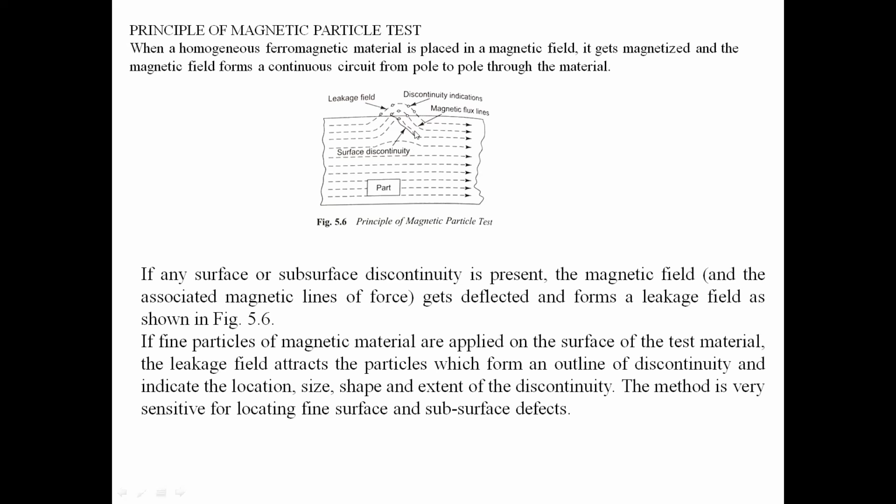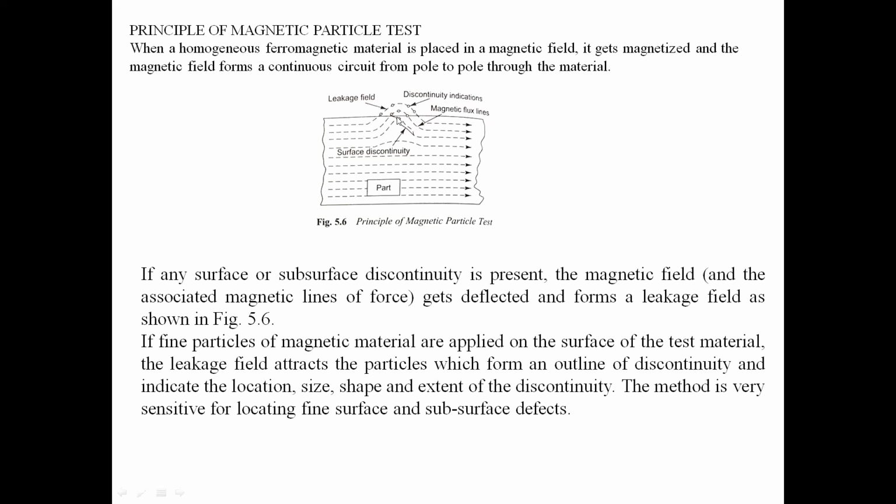If there is any discontinuity in the surface or subsurface near the surface, the magnetic field lines are disturbed and there is a change in their direction. Automatically the magnetic flux leaks near the discontinuity.